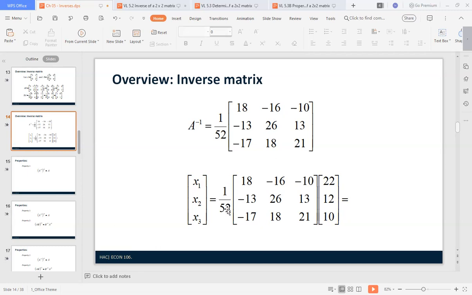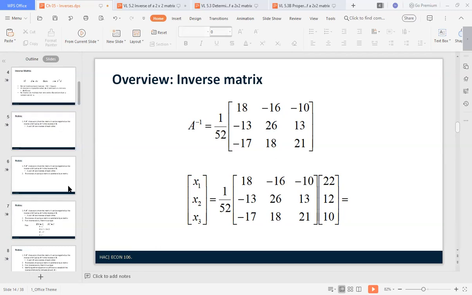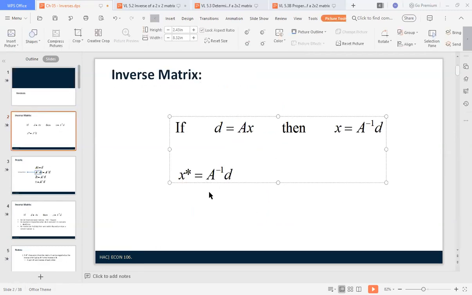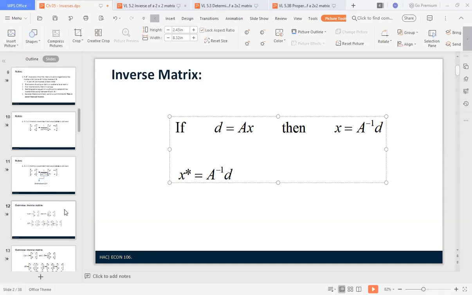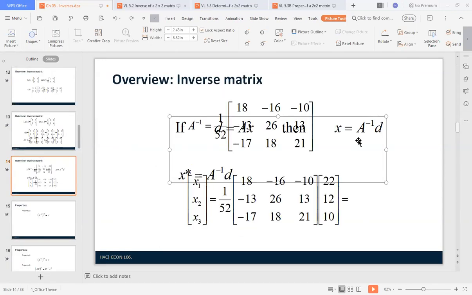That's 1 over 52 times 18, times negative 16, negative 10, negative 13, and so on. After multiplying, you also multiply it to the constant. This is how we will get the values for x star.